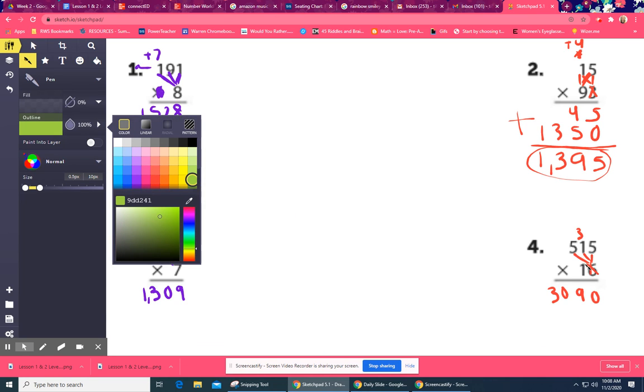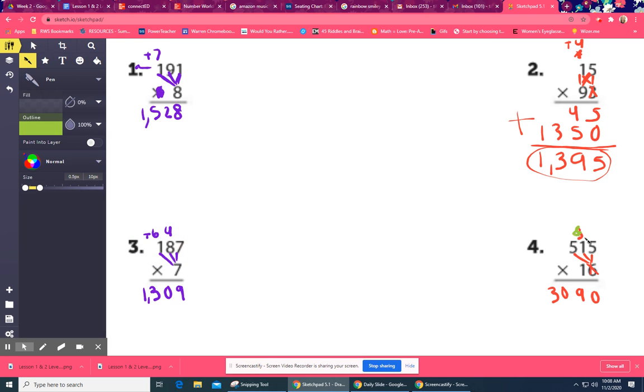Now I have to multiply the 1 to every, and I'm also done with this. It's gone. Now I multiply the 1 to everything on the top, starting in the top right, I guess. 1 times 5, oh, I forgot to tell you, put a 0 or an X here. So 1 times 5 is 5. 1 times 1 is 1. And then 1 times 5 again is 5.